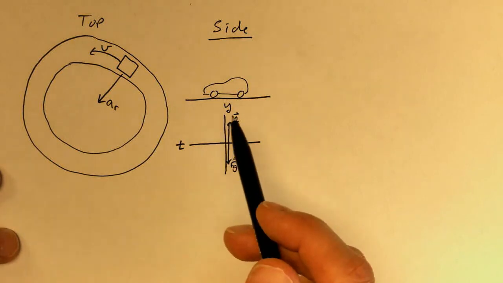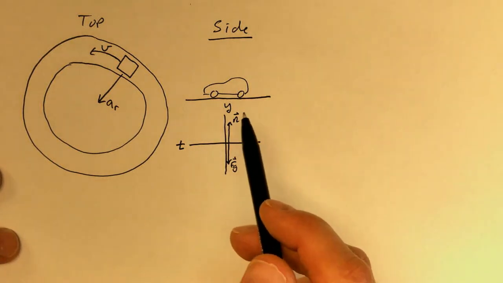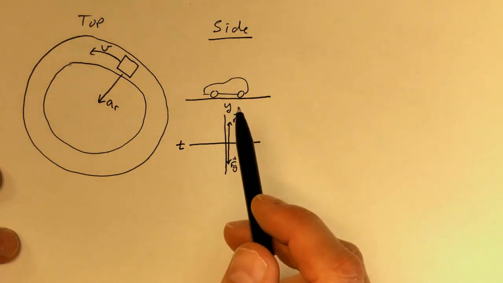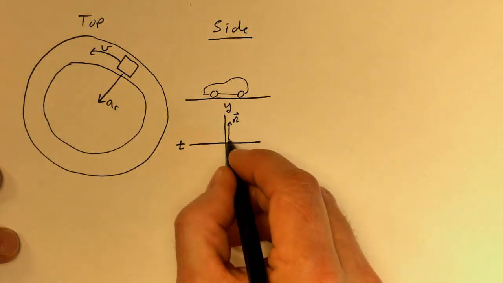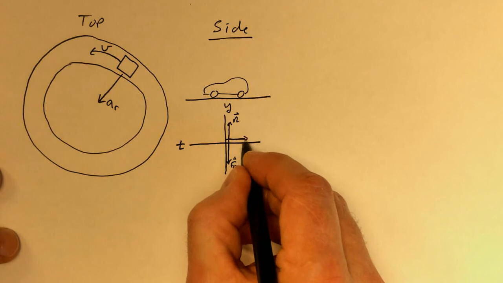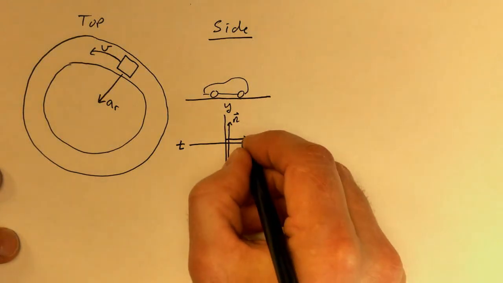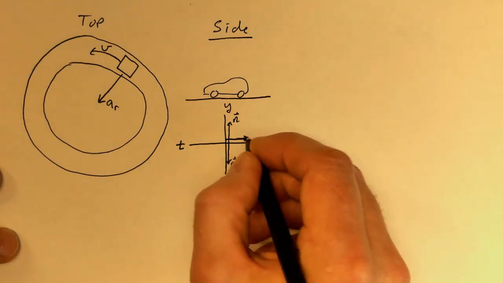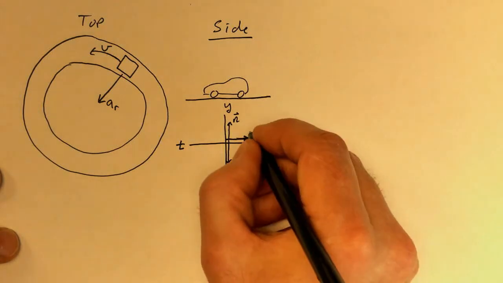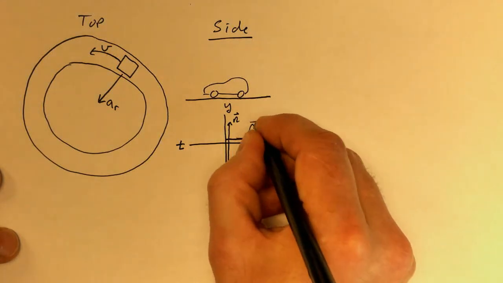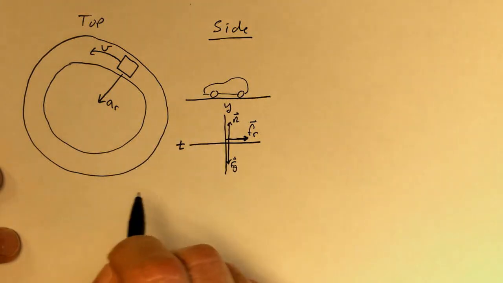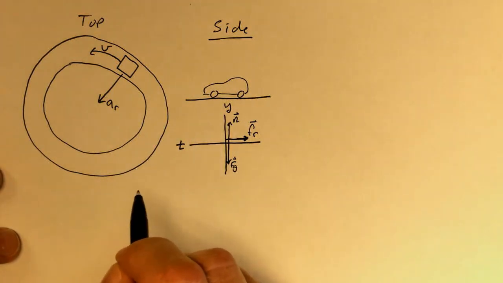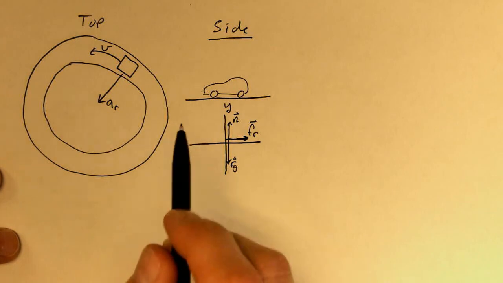Now, I'm familiar with real-life cars: if I take my foot off the gas, the car is going to slow down. So there's got to be some sort of friction resisting the car. There's probably resistance in all sorts of ways, but we're going to call it rolling friction. Since the wheels are rolling and not slipping, it's not kinetic friction, and it's not static friction, since the car is not sitting there.